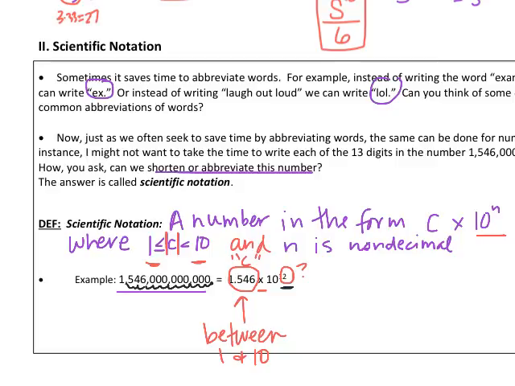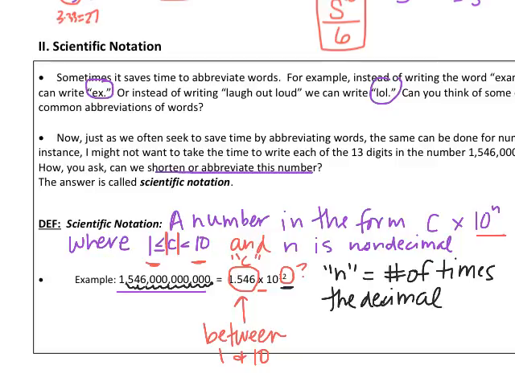So the exponent n equals the number of times the decimal is moved until we arrive at a number between 1 and 10. All right, let's take a look at some example problems on the next page.